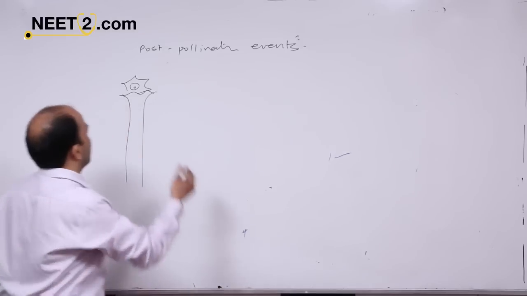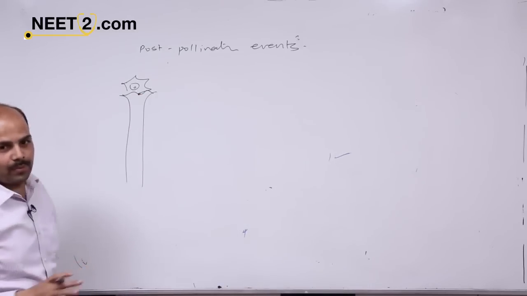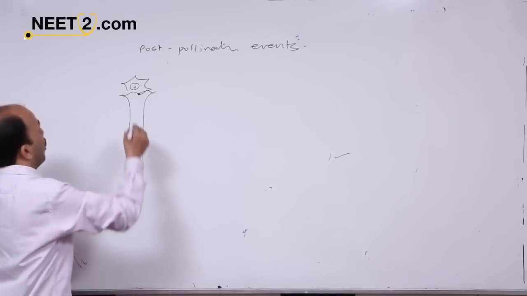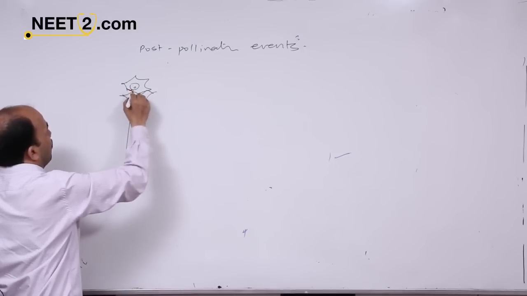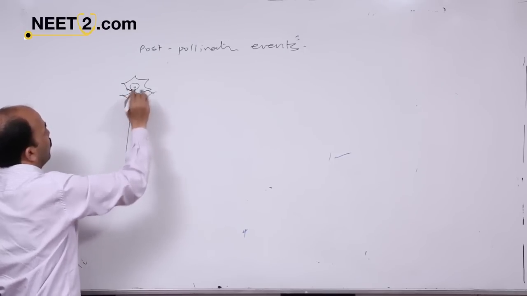If it is recognized as a compatible pollen grain, then pollen germination will be allowed and the pollen tube will grow.